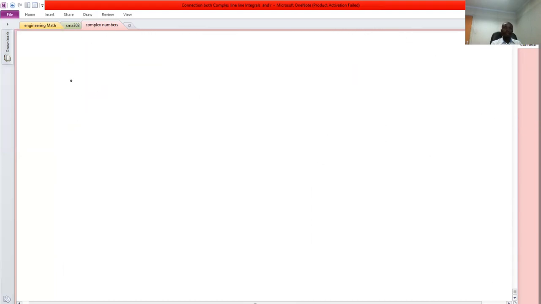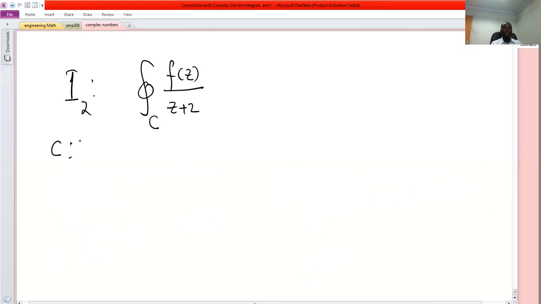I2 is the integral of f of z over z plus 2 along C. Remember, C is a circle of radius 2.5. And so here a is minus 2.